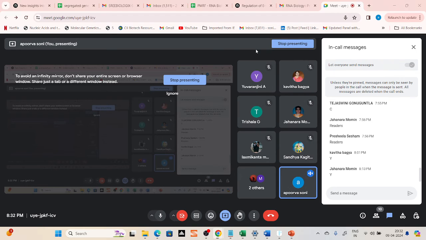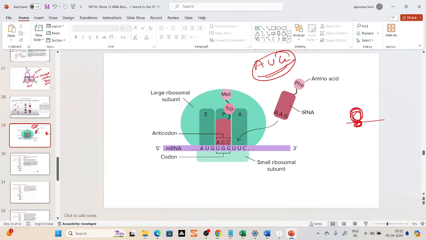Okay. Now, this tRNA will bring an amino acid to the A site. That amino acid again will bind to this existing amino acid chain, and in this way it keeps on increasing. So first methionine was there, which came to the P site, then tryptophan came, then phenylalanine would be added here, like this.